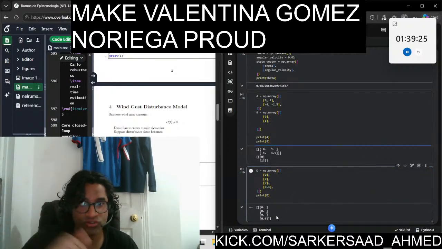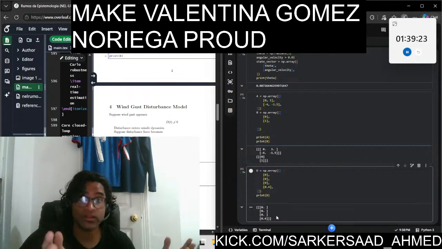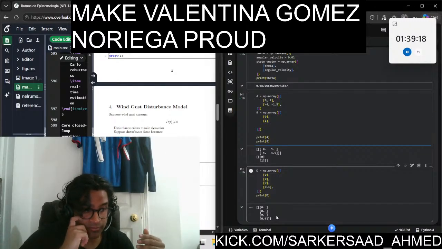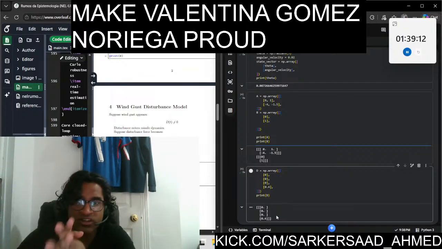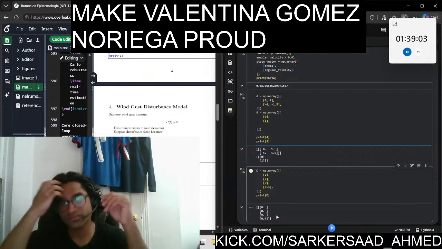So 0, 0, 0, 0.4. Disturbances can be anything. It can be the wind uncertainty. It can be the thrust uncertainty. It can be the thrust variations. It can be anything, right? Cool.